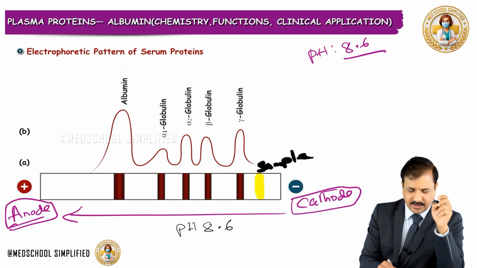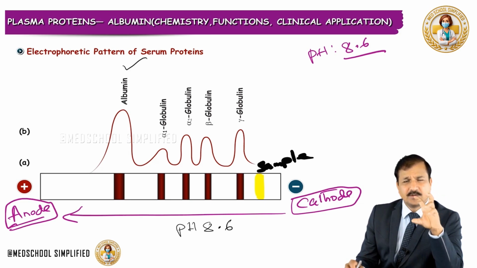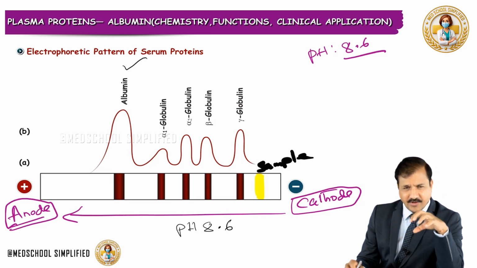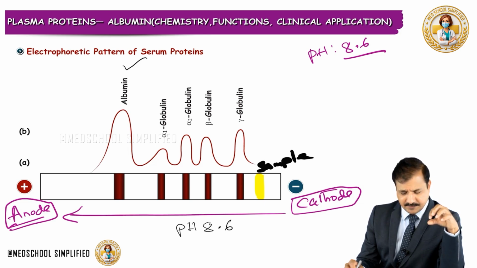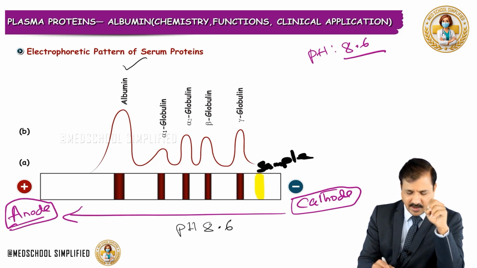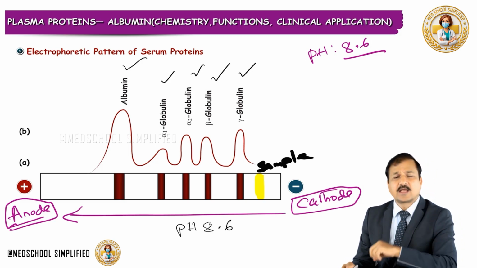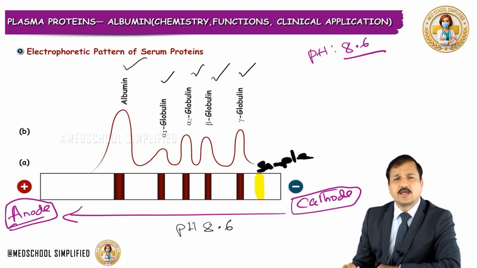So albumin, having a higher negative charge and smaller size, moves faster towards the anode, followed by alpha 1 globulins, alpha 2 globulins, beta globulins, and the last will be gamma globulin. This is how electrophoretic separation works using a serum sample.